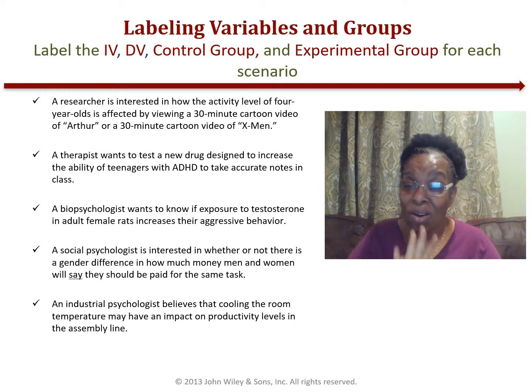We actually are allowed to manipulate that particular factor. Be able to label what would be the dependent variable. And again, remember, the dependent variable is what we actually measure, okay? Which one would be the control group?